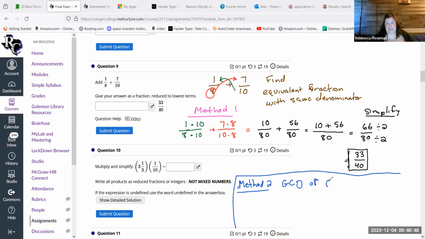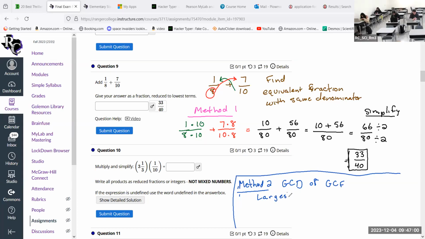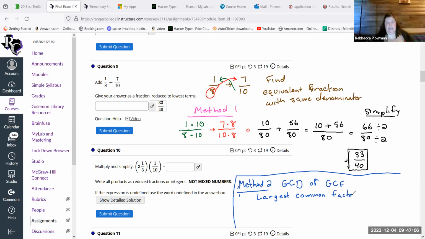It was GCD or GCF. So basically we were looking for the largest factor of both numbers. And this method just takes out the chance that we have to simplify later.